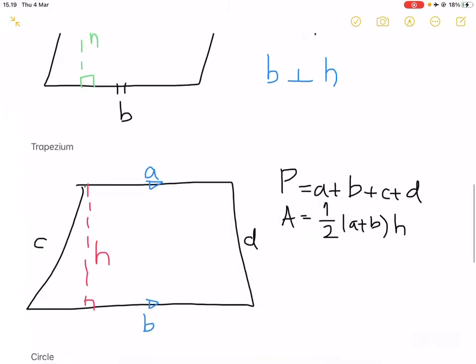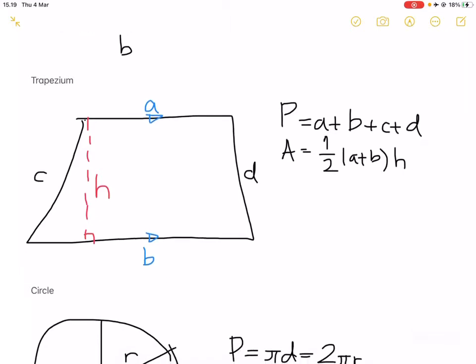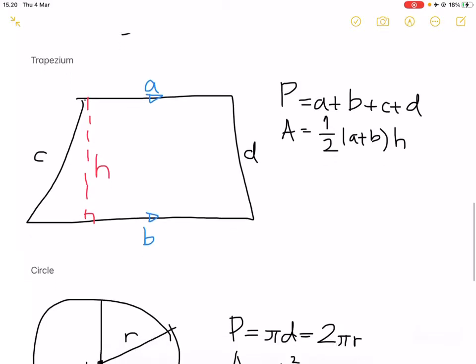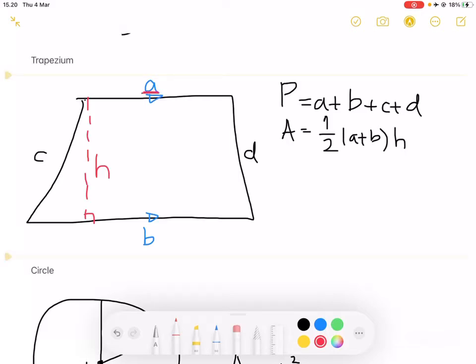The second last one is the trapezium. As you can see, it has a pair of parallel lines. The perimeter of a trapezium is just the sum of all its sides, so in this case it's A plus B plus C plus D. The area is a half times A plus B, where A and B are the lengths of the parallel line segments, and then all of that multiplied by H, which is the height.